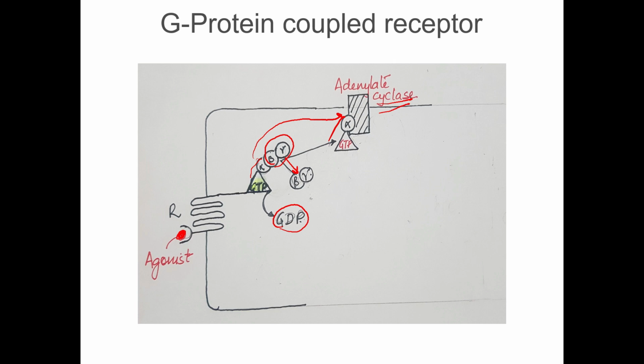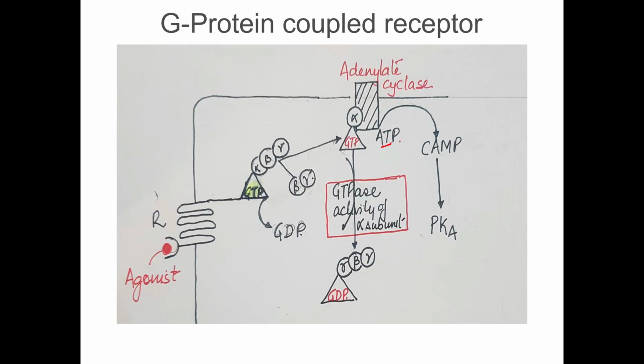Now depending upon which receptor, which cell, suppose here I am talking about the beta receptor. This is a beta receptor, and once the beta agonistic drug binds, it is going to cause the activation of adenyl cyclase. Once adenyl cyclase is activated, it is going to cause the conversion of ATP into cyclic AMP.